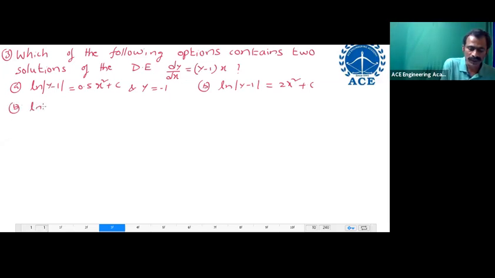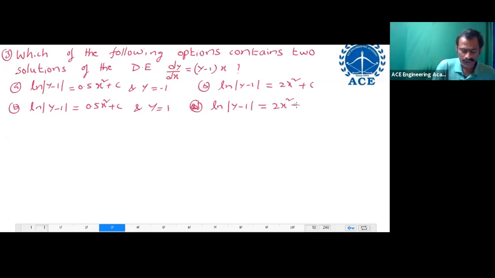Option C: log of y minus 1 equal to 0.5 x square plus c and y equal to 1. Option D: ln modulus of y minus 1 equal to 2x square plus c and y equal to minus 1. In option B, the other solution is y equal to 1.